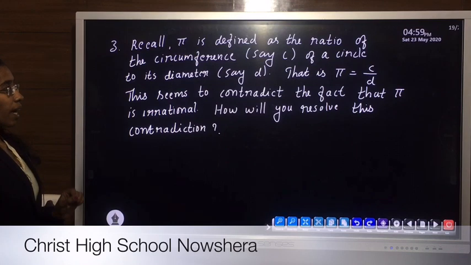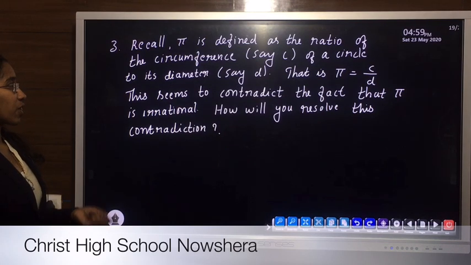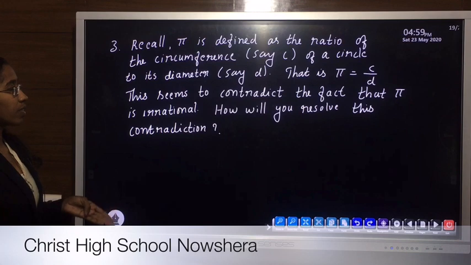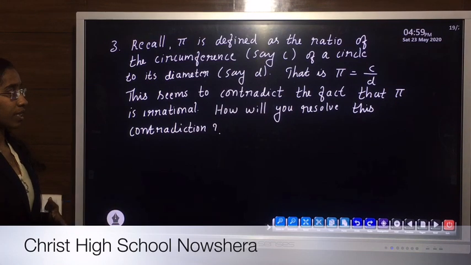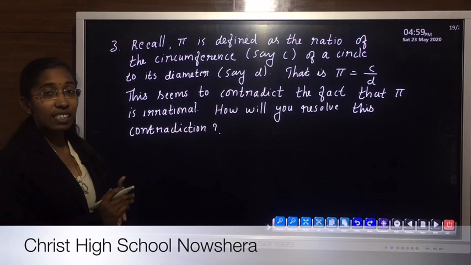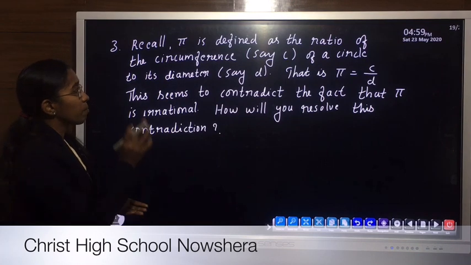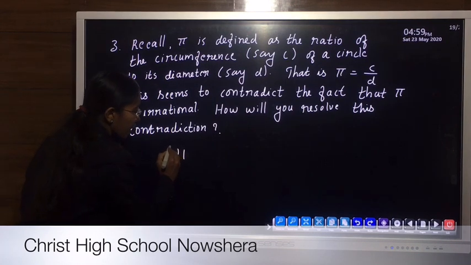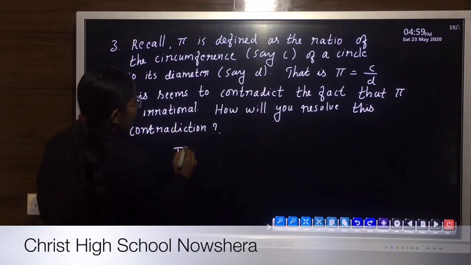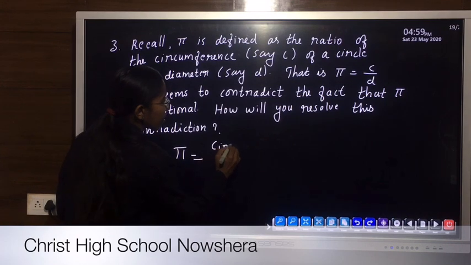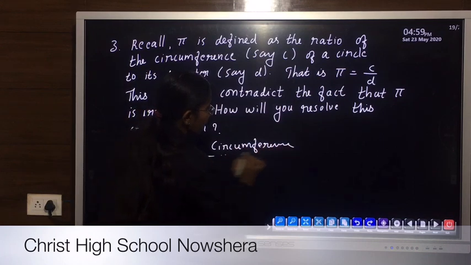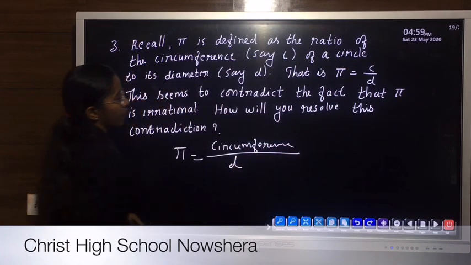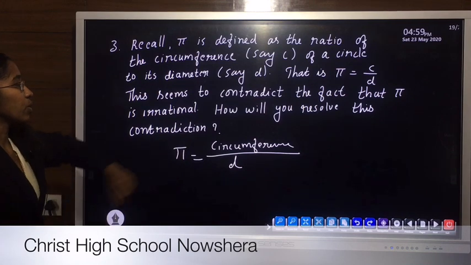Our third question. Recall, pi is defined as the ratio of the circumference of a circle to its diameter. We know that pi is an irrational number, but pi means circumference divided by d. That is pi is equal to c by d.